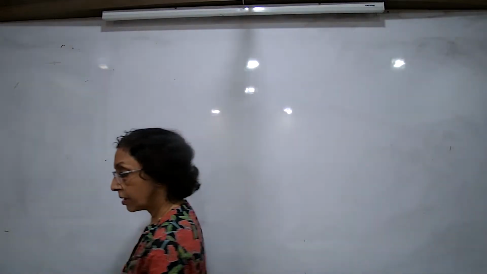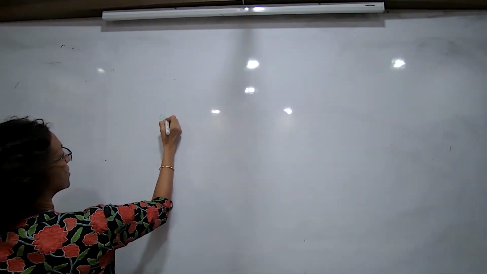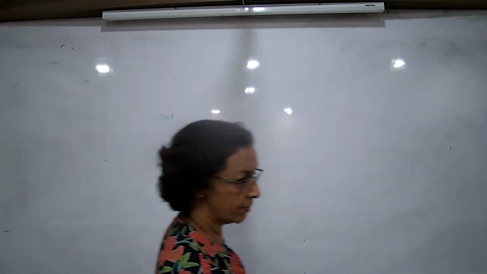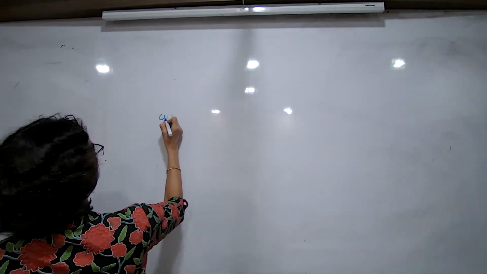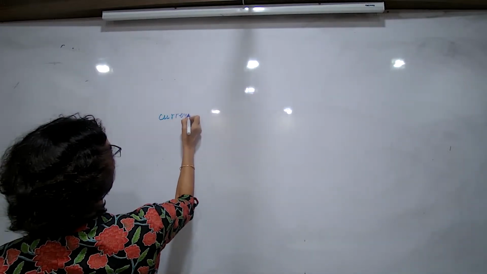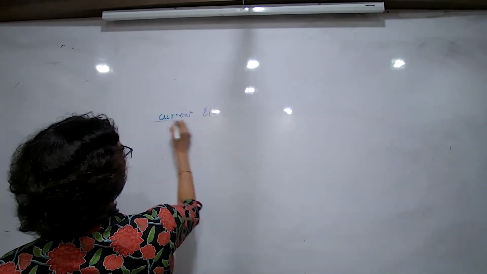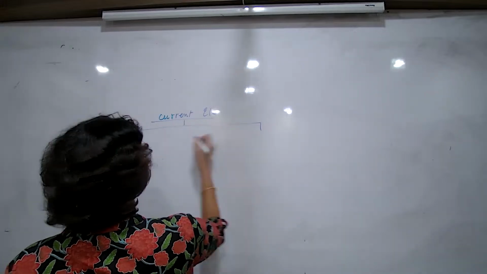It will be easy for you to study the chapter by looking at what we have already done in class. Okay. This chapter on electricity can be divided into two parts.